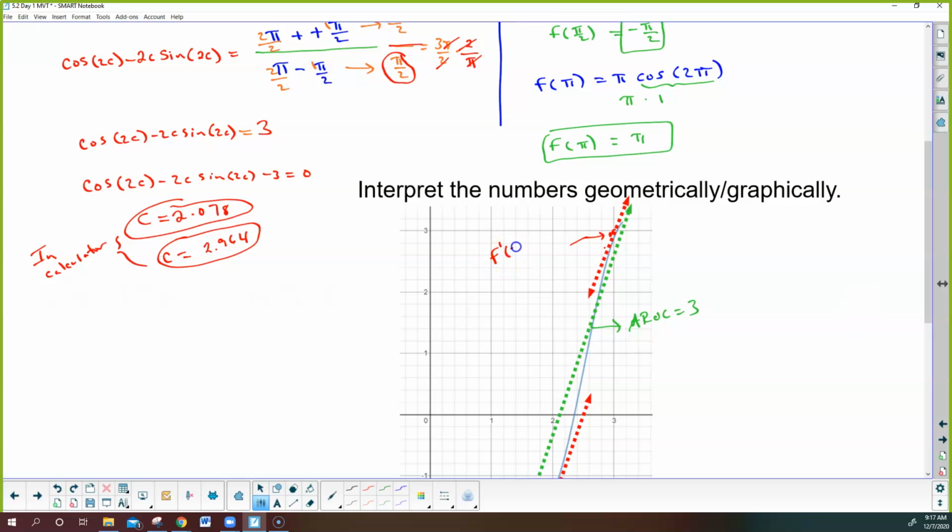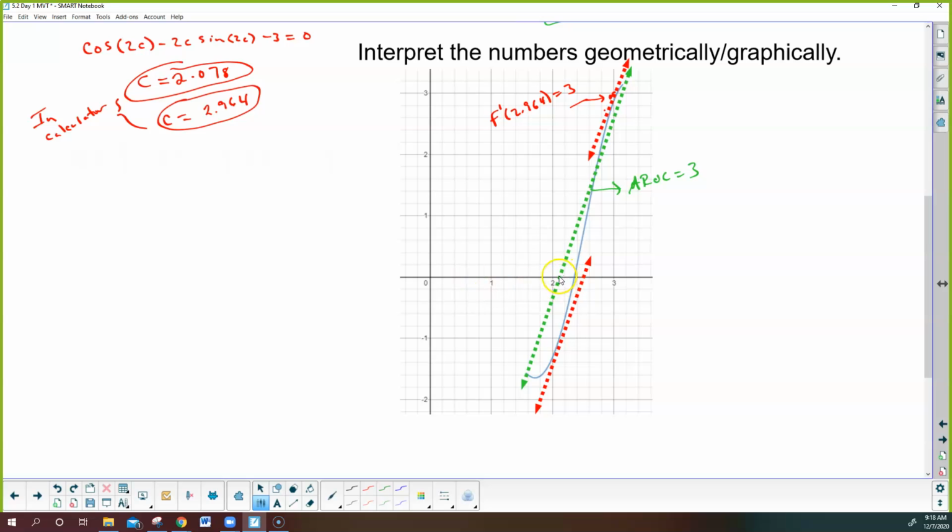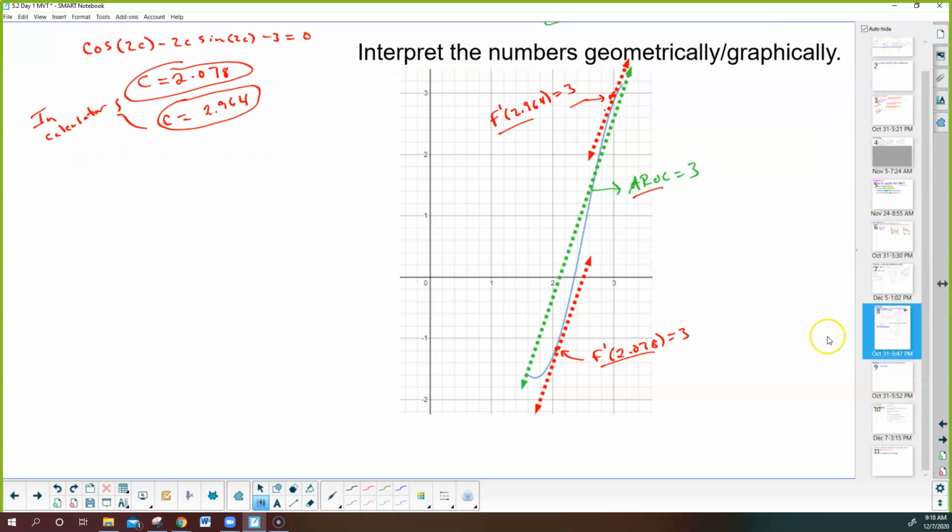So the derivative is equal to 3 as well, and derivative is slope. And then look at right here, just past 2, barely past 2, the derivative at 2.078 is equal to 3 as well. So the average rate of change is equal to the instantaneous rate of change at those points. Okay.